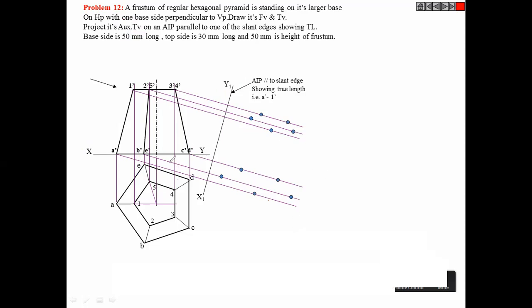Similarly, this vertical distance up to this, and 4 number is here. So these two are the same. Correct? This is how we can generate all the points, isn't it? Are you getting me or not?